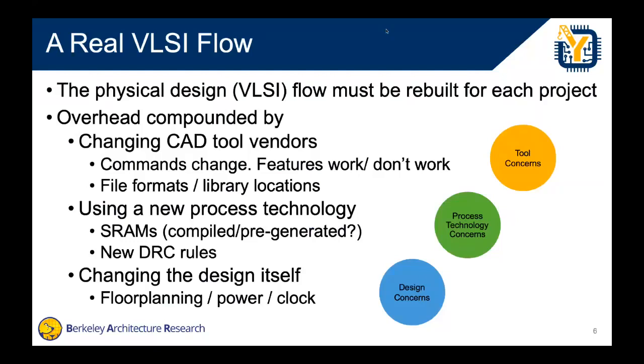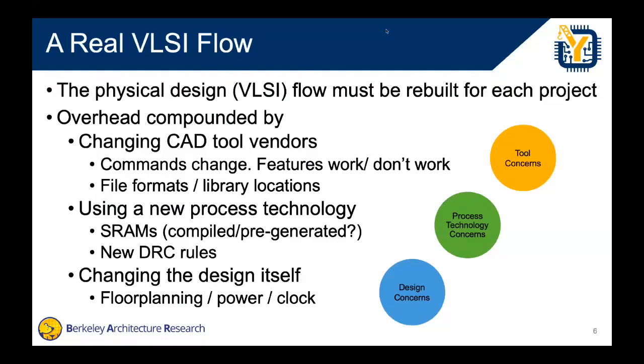So you have tool concerns, which are things like your CAD tool vendor changing or the version changing, features being broken in different versions, and different file formats or library types that different tools expect. Then there are process technology concerns, the green box, which are specific to your process technology: what the SRAMs look like, things you need to work around for DRC rules, or other such technology issues.